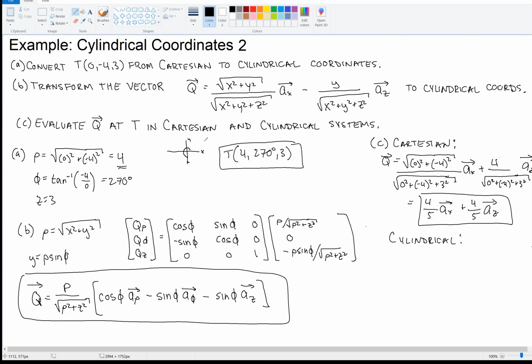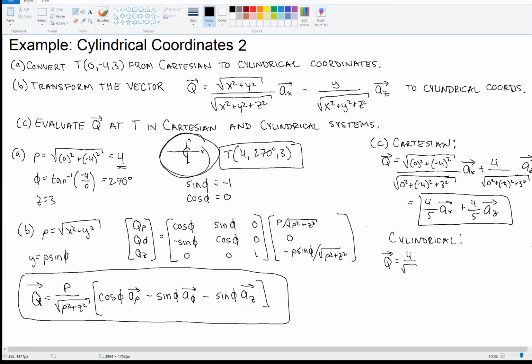So you can think again of this picture here. And so what is the sine of that angle? The sine of that angle is -1, right? And the cosine of that angle is 0. The x and the y components respectively. Okay, so now we plug this in and we get Q is equal to, again, rho is, we said 4. So this is 4 over the square root of 4 squared plus 3 squared.